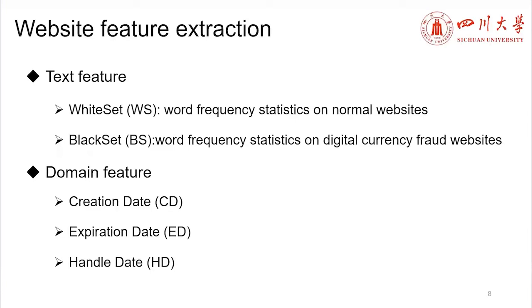Statistics show that 93% of normal website domain names were registered earlier than 2019, while only 45% of digital currency fraud websites registered earlier than 2019.